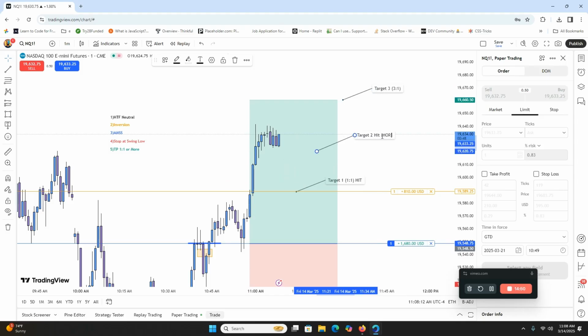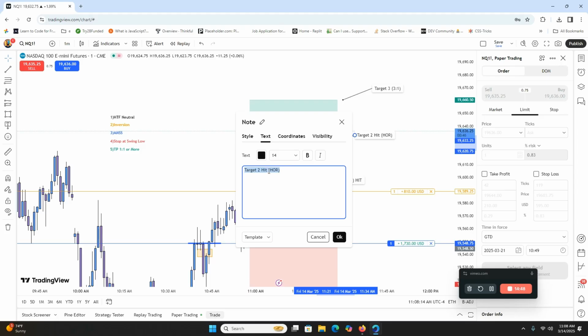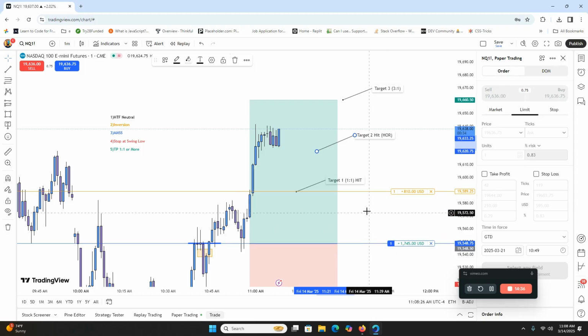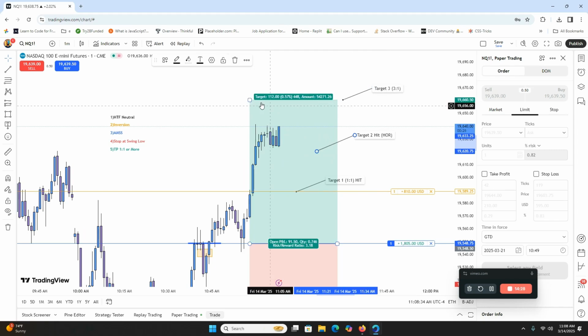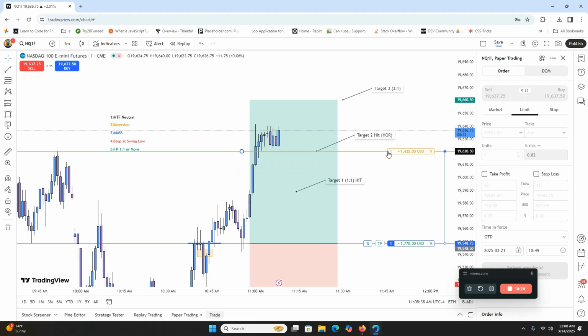Let me fix this real quick. That's bothering me. I like to have risk to reward and range highs and lows as my target hits. So 1 to 1 was hit. The high of the range hit. Now we've got target 3, which is a 3 to 1 risk to reward. If that hits, we move our stop up to target 2.